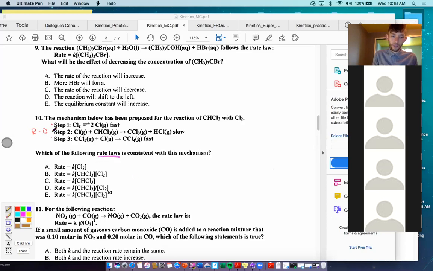How can I look at the rate determining step and then write a rate law from that? Any ideas? Give me a second. By recognizing this is the rate determining step, how can I use that to help me write the rate law?